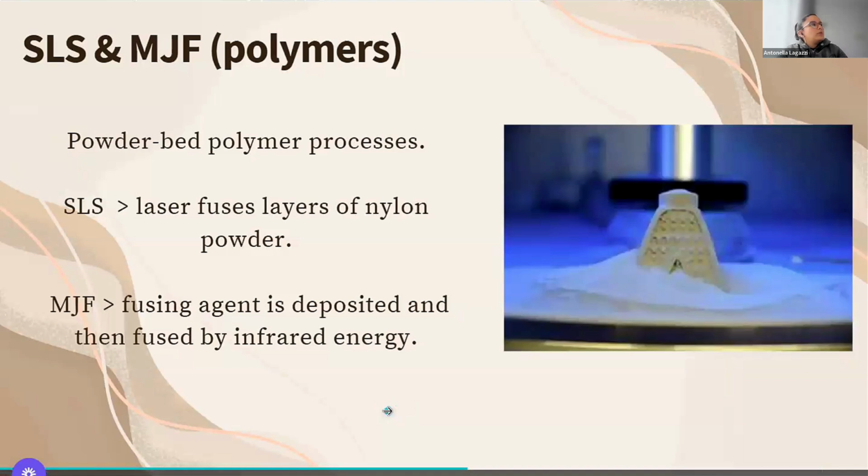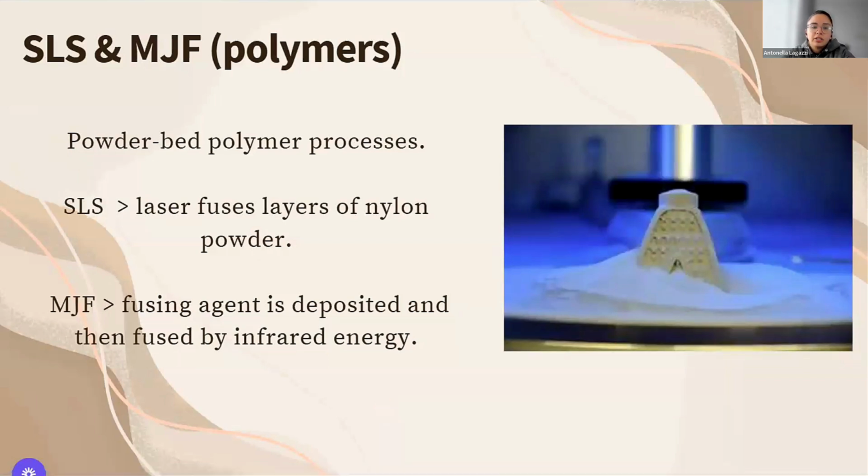And then we have an interesting technology called SLS and MJF, also in polymers. These are powder bed polymer processes. So we have another state of matter, which is powder.